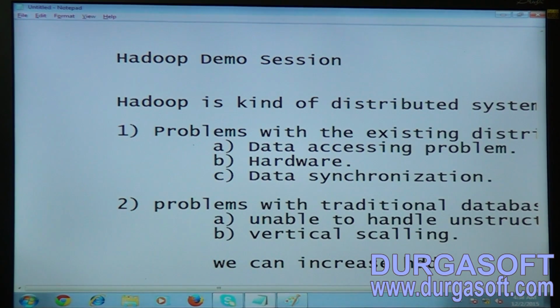That is the comparison between vertical scaling and horizontal scaling.